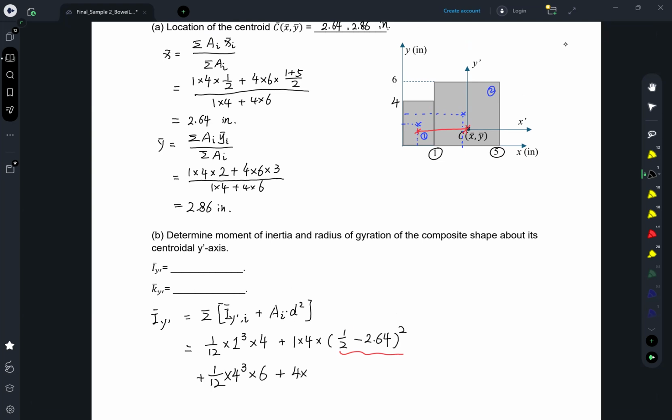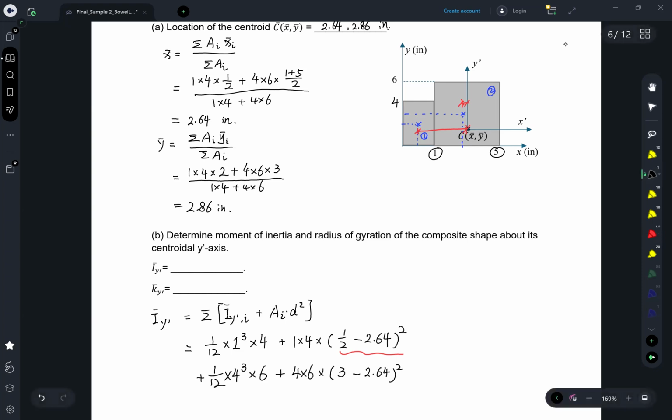Plus the area, 4 times 6, times the square of the distance between the centroid of the second area and the y prime here. It is the difference between the coordinate of the centroid of the second area, 3, and the location of y prime, which is 2.64. To illustrate, it is this distance here.